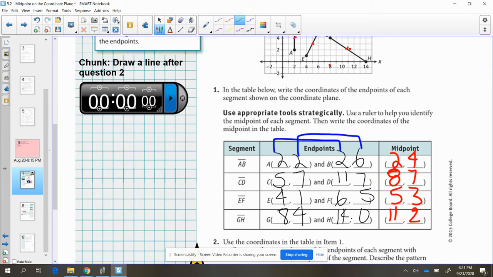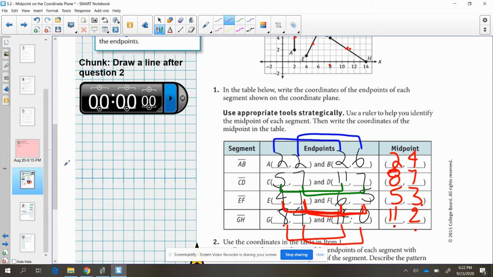Well, hopefully you start noticing, especially in these last couple of examples, the 4 and 6, the number in the middle of that is 5. 1 and 5, the number in the middle of that is 3. 8 and 14, the number in the middle of that is 11. 4 and 0, the number in the middle of that is 2.